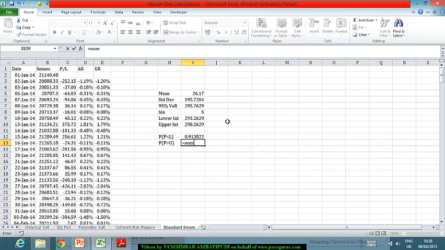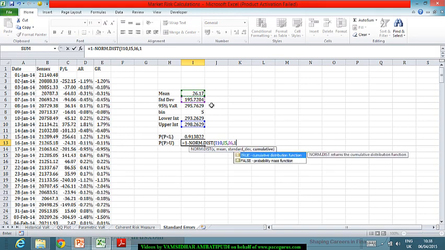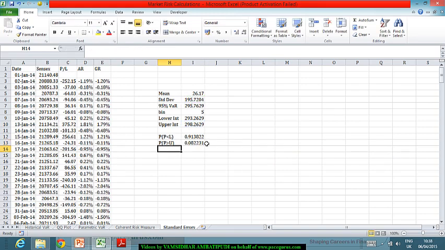So again I am going with the norm dist. This is giving me lesser than 298. So 1 minus this will give me the probability of greater than 298, with a mean and a standard deviation, 1. So this is around 0.08.